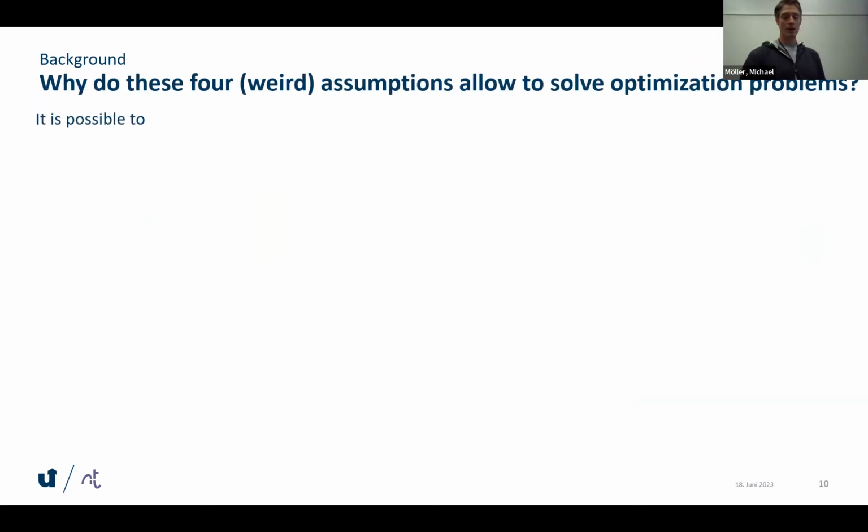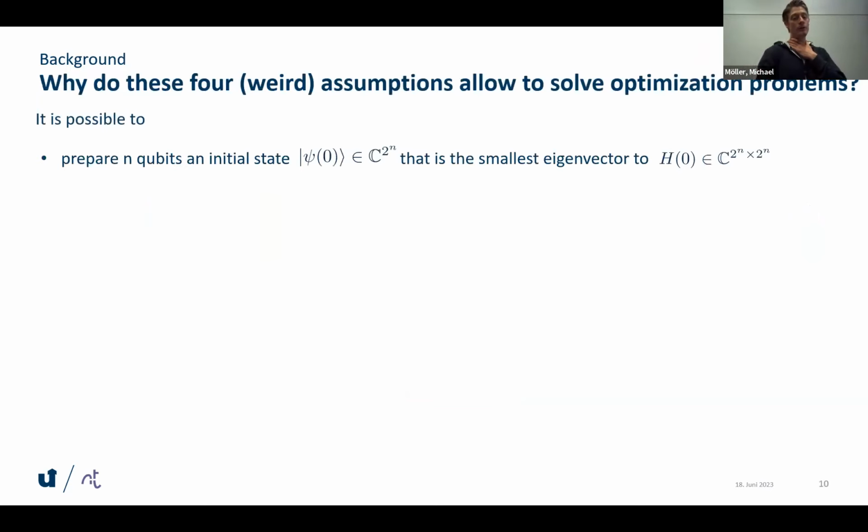Why? All right, it is possible by physicists to prepare n qubits in an initial state that is the smallest eigenvector to one of these matrices H that appeared in the Schrödinger equation that we also call Hamiltonian.